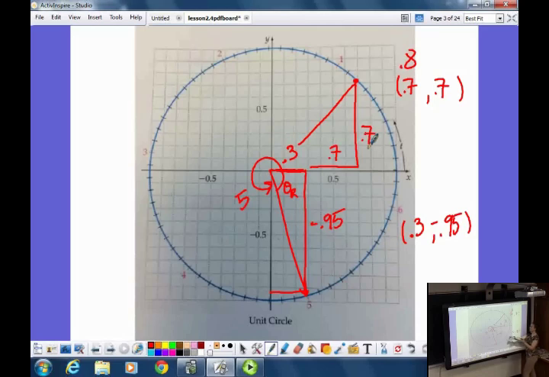So we're going to look back at this first triangle that we built. What's the radius of this circle? Look at your x-axis. How far does the x go for your radius, since it's labeled? 1, right. So the hypotenuse on this triangle that we first drew is also 1.